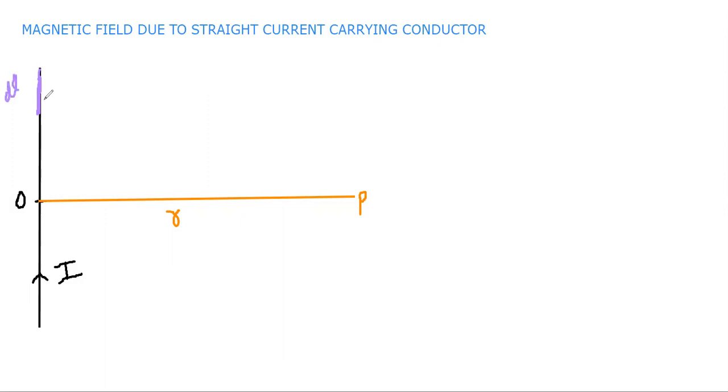I am taking quite a large length just for your convenience so that you can understand it well. But in practice, this length dl is very small. Now you join point P to both ends of dl.